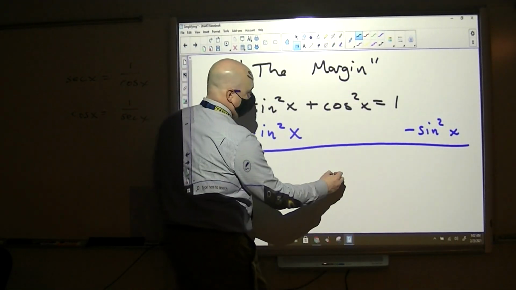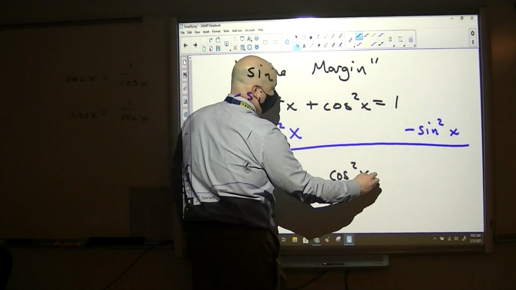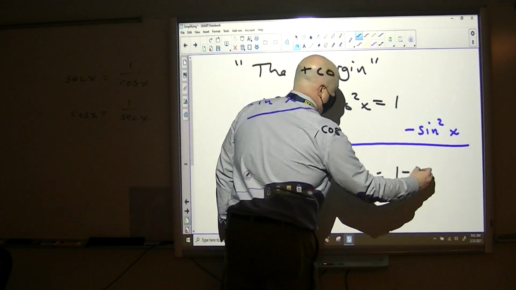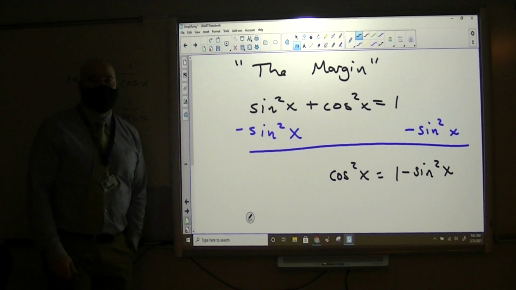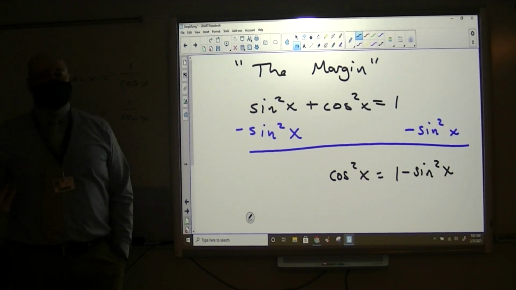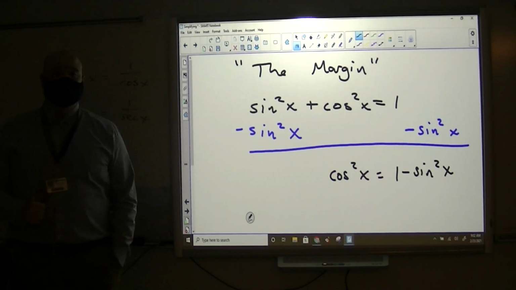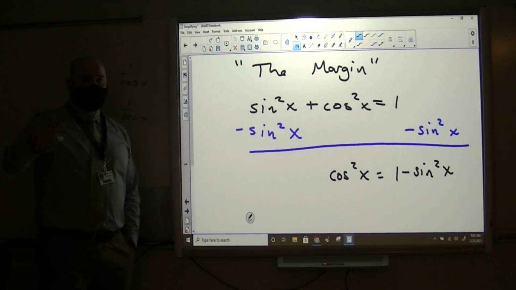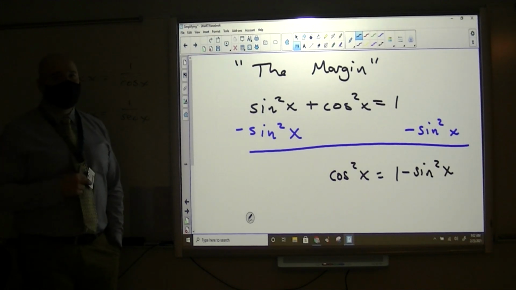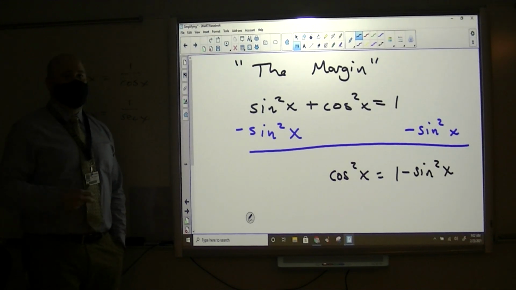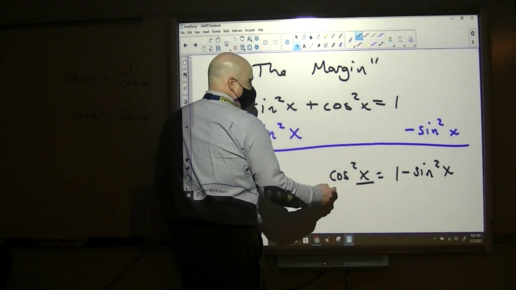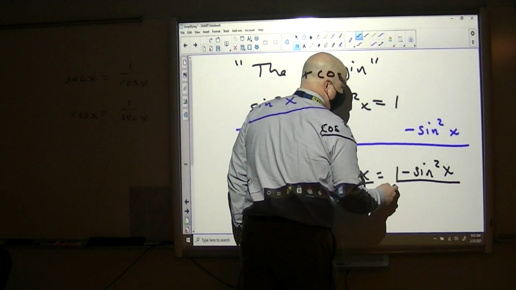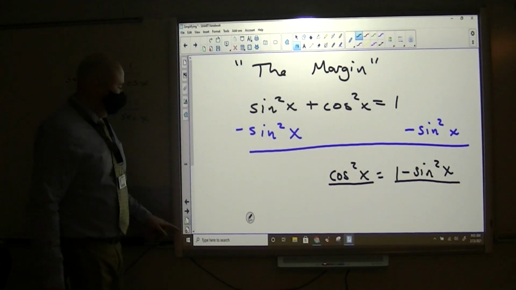And I would get a statement that says cosine squared x equals 1 minus sine squared x. So there's the manipulation. I didn't point it out, I didn't go back to the toolbox, but that's what we're doing. Manipulating and substituting for a squared term. That's what I said, you just have to have that radar that's going off in your head now. So this can replace that statement.